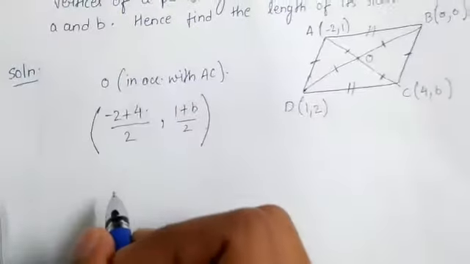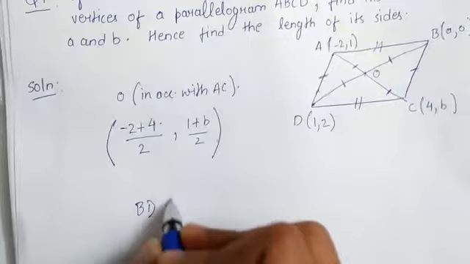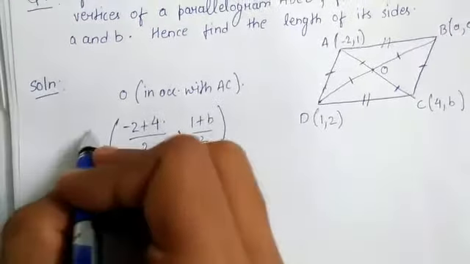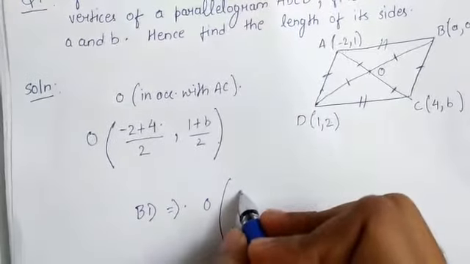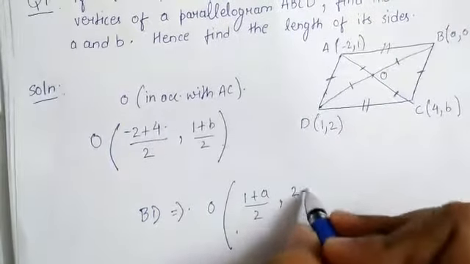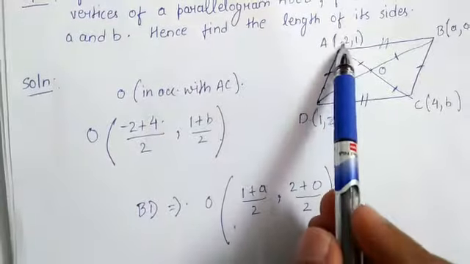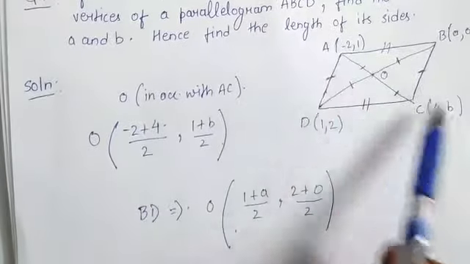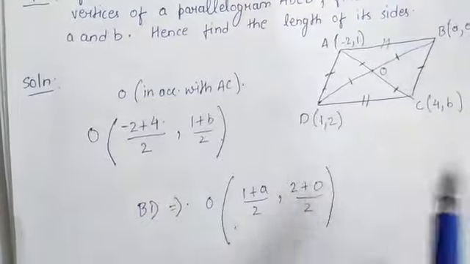Similarly, if we take it in accordance with BD, the coordinates of O will be ((1 + a)/2, (2 + 0)/2). So for AC the x coordinate is (-2 + 4)/2 and y is (1 + b)/2. For BD it is (1 + a)/2 and (2 + 0)/2.